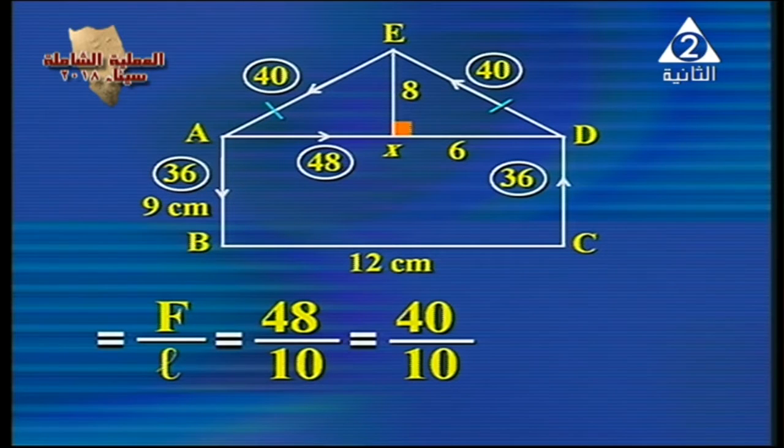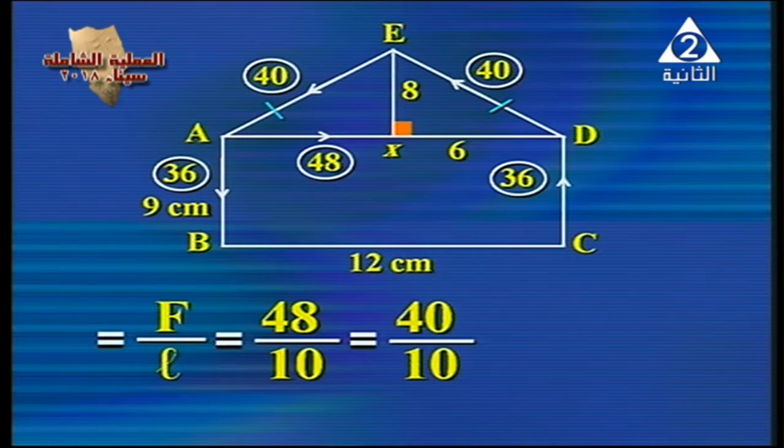This triangle has three forces on three sides: 48 acts on AD, 40 acts on DE, also 40 acts on EA. We note that these three forces act in cyclic order. What is the meaning of cyclic order?